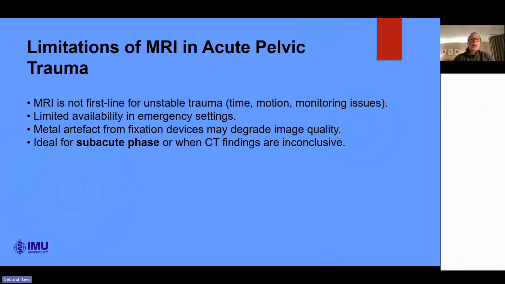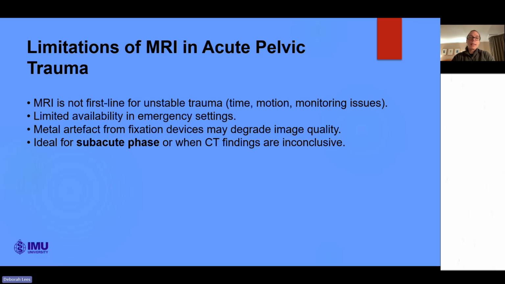So in an acute pelvic trauma, MRI isn't your first option. As I said, ultimately you're looking at a CT scan because in pelvic trauma, you've got to make some decisions pretty quickly about whether the person needs to go to theatre. The other problem is with pelvic trauma, you've got a very big venous plexus that sits at the front of the sacrum called Batson's plexus.